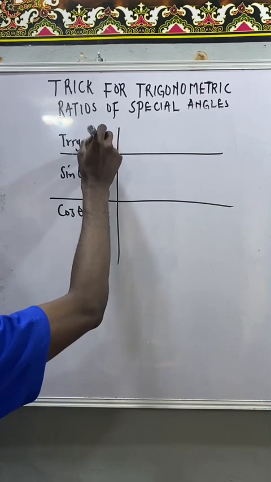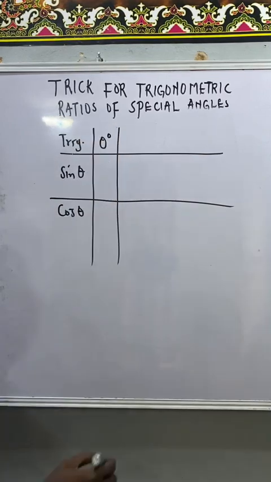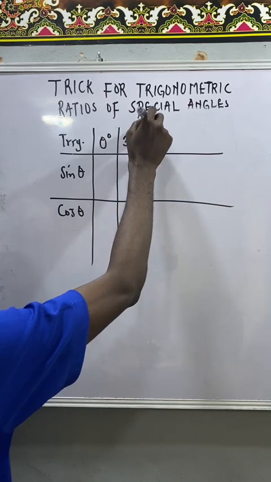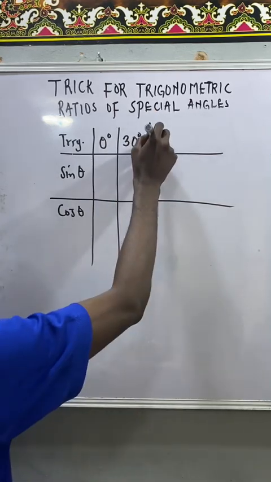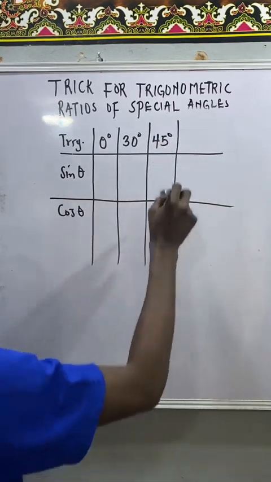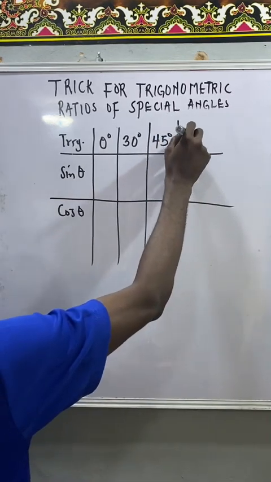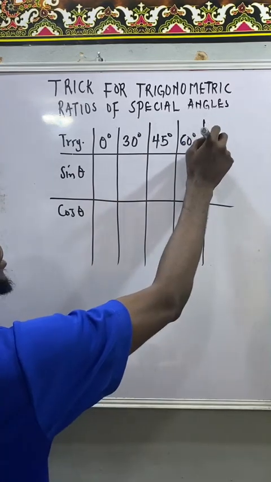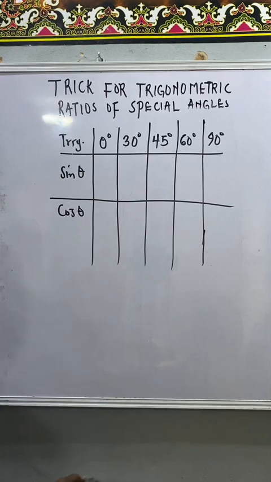Here you put 0 degree, which is the first special angle, followed by 30 degree, then 45 degree, then 60 degree, followed by 90 degree.